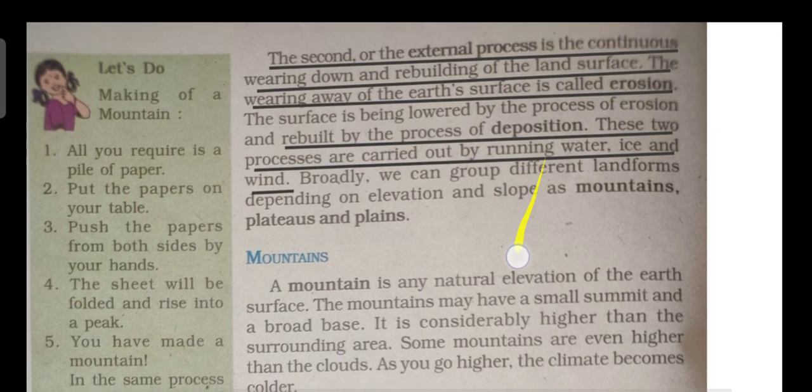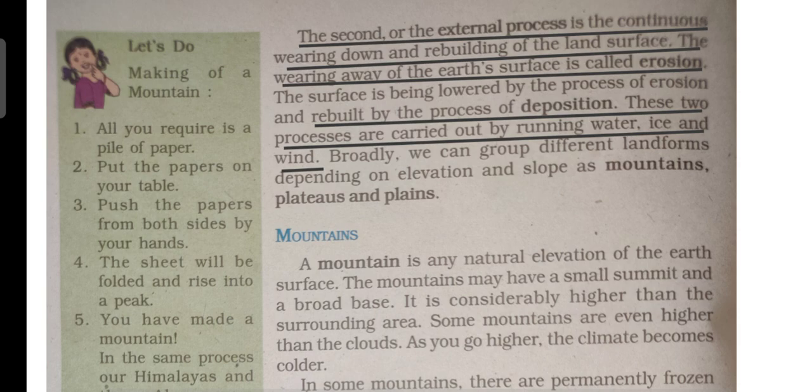Now let us see what is the second process. The second or the external process is the continuous wearing down and rebuilding of the land surface. The wearing away of the earth's surface is called erosion.